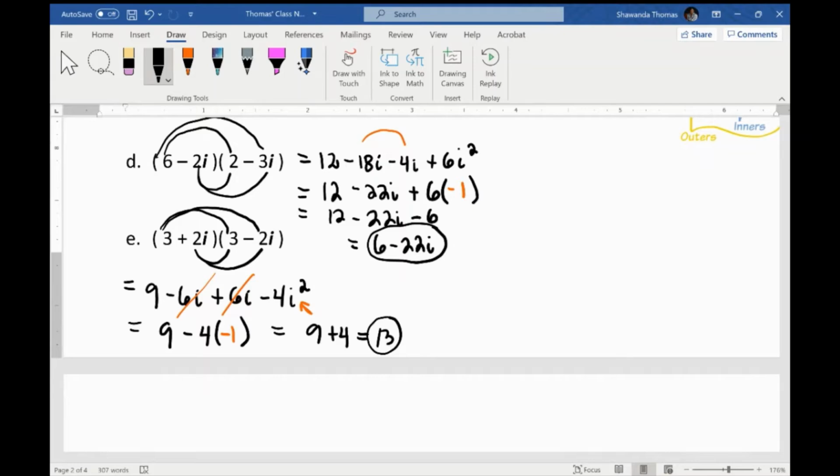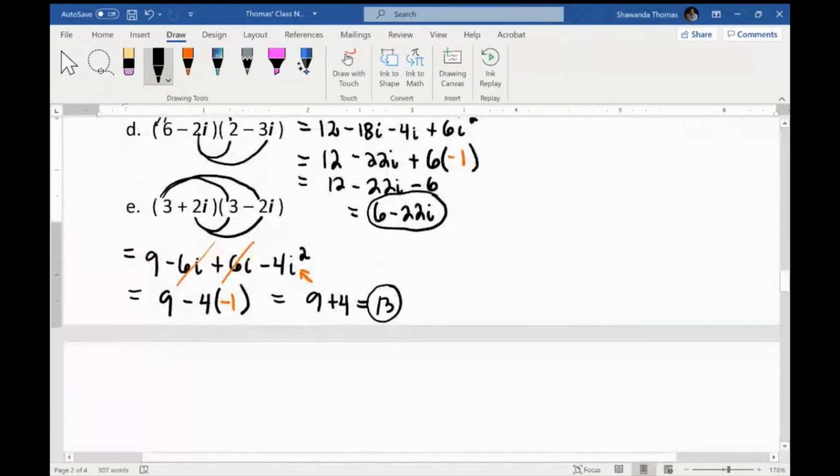You won't end up with an i in your answer. Notice that. You only end up with a real number. So whenever you multiply conjugates together, you only end up with a real number, not an i. So we're going to use that to our advantage in the next section. That's why I set it up like that.